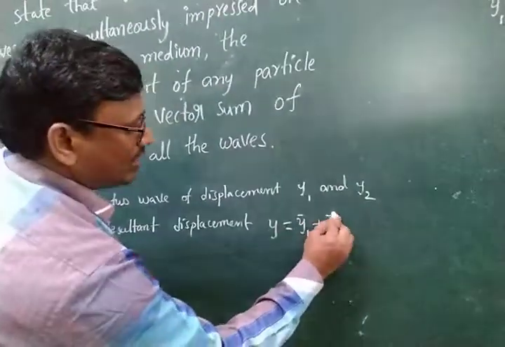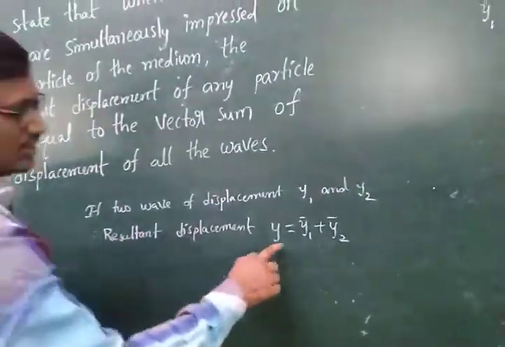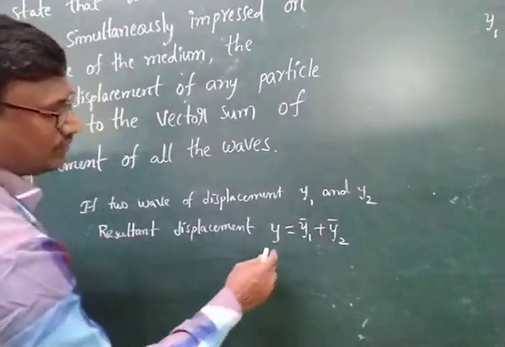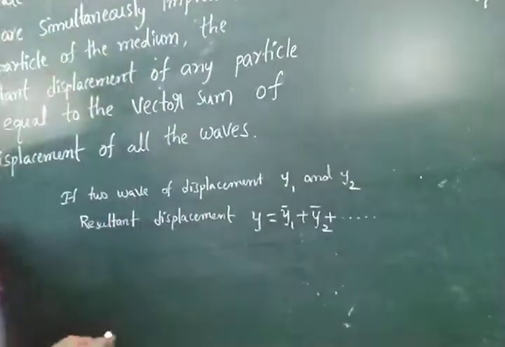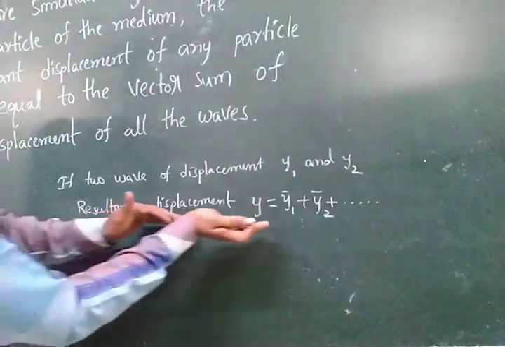That is the vector sum. The vector sum y is equal to y1 plus y2 and so on. This is the resultant displacement.